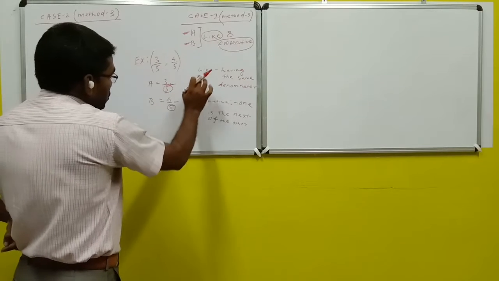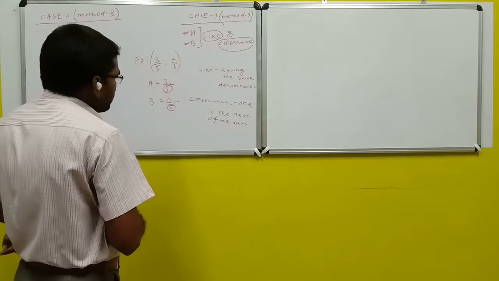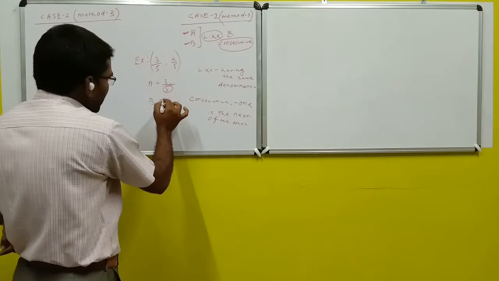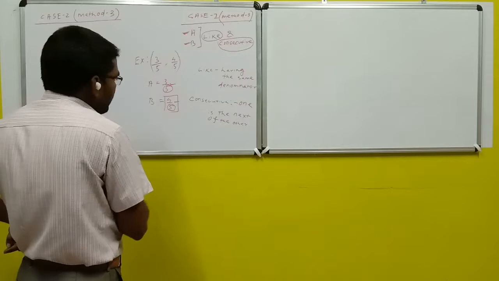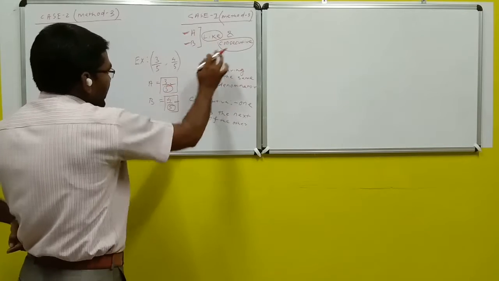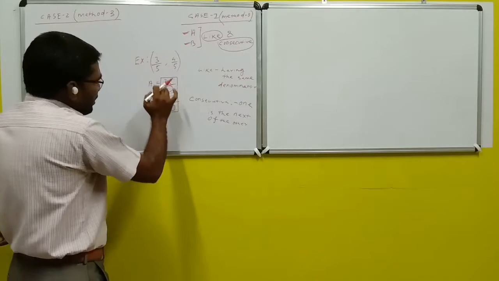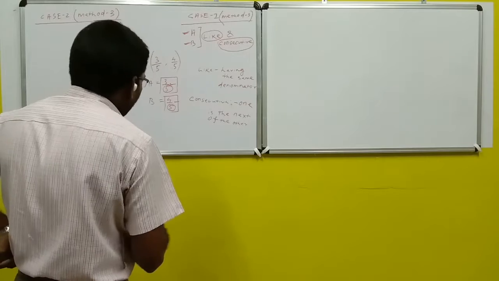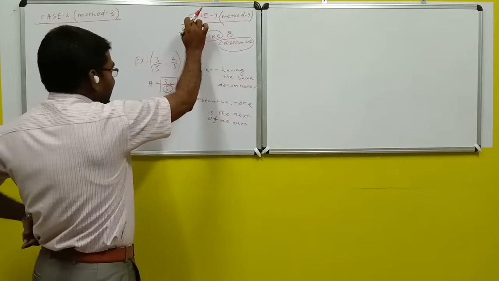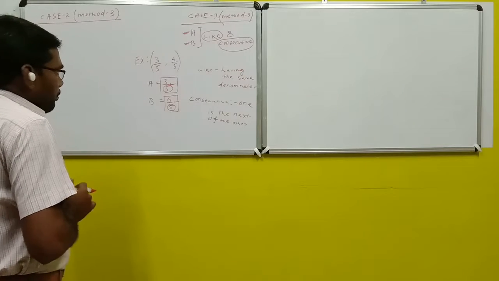Therefore, they are said to be like. And you also see that 4 by 5, this rational number, is the next of 3 by 5. And so, they are called consecutive. So, such type of rational numbers were given in case 1 of method 3.